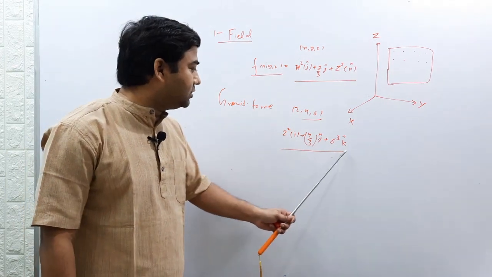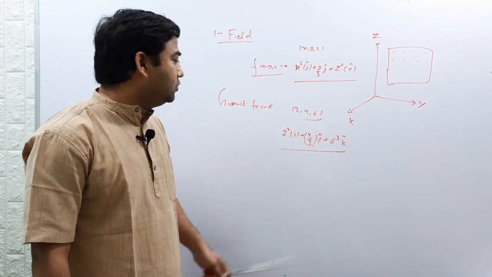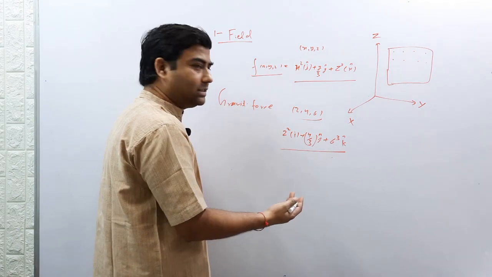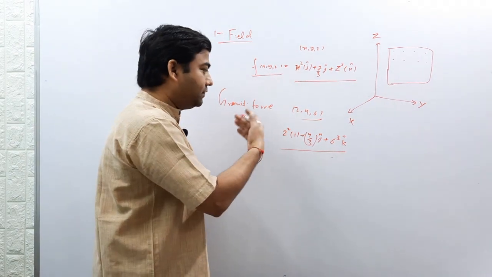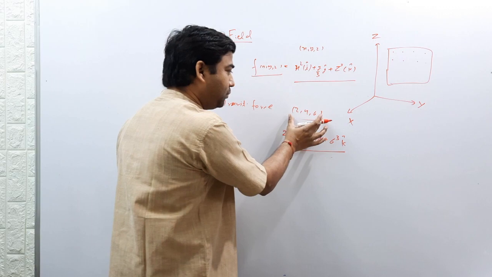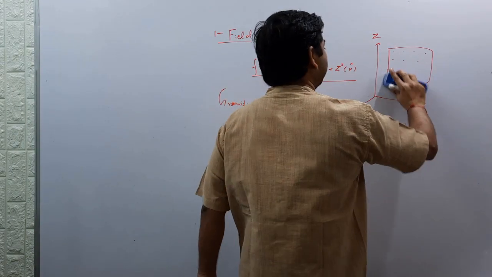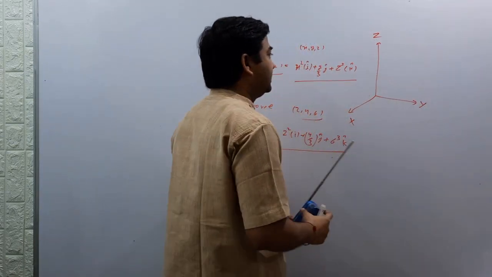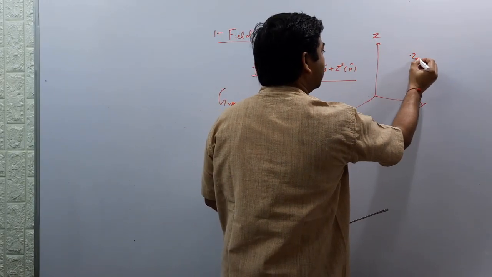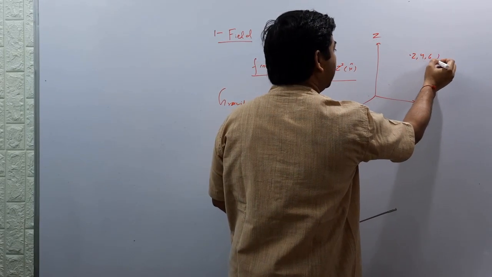So what does it mean actually? The value of the gravitational field at point 2, 4, 6. Let this be the given point 2, 4, 6.